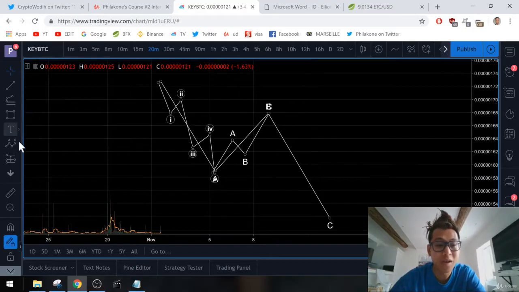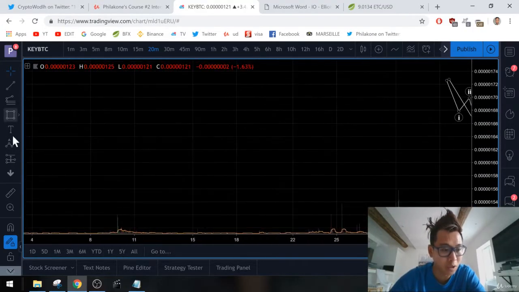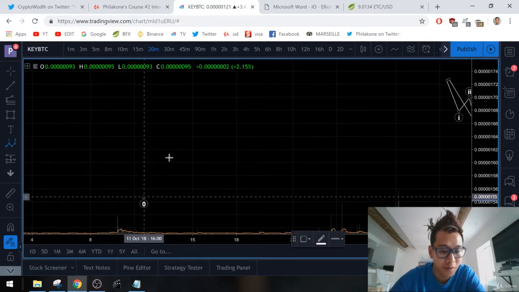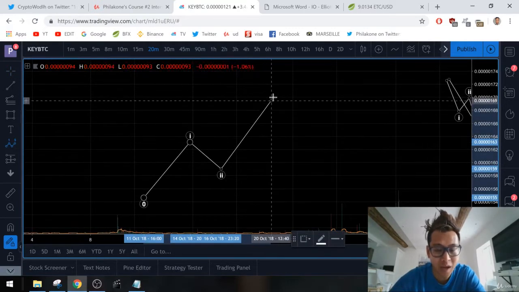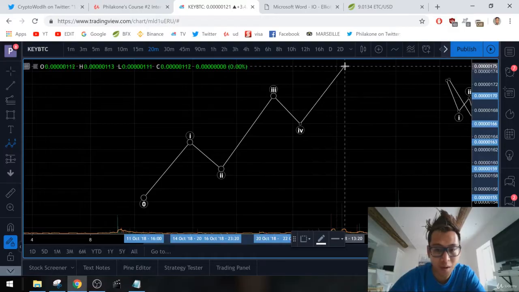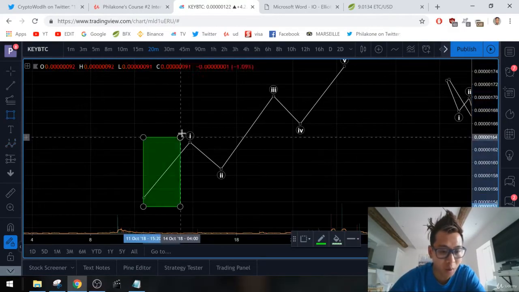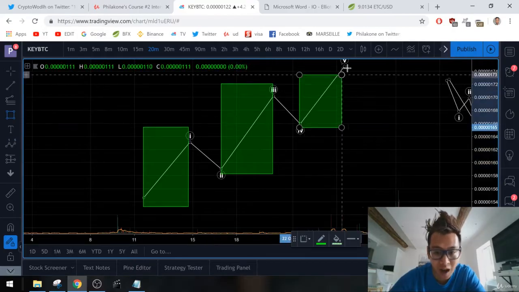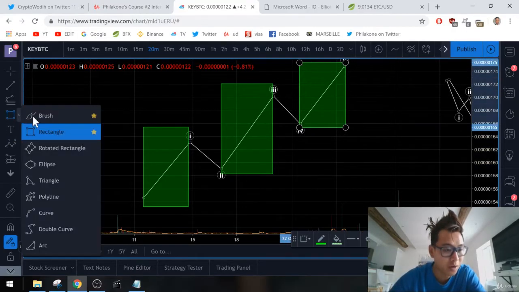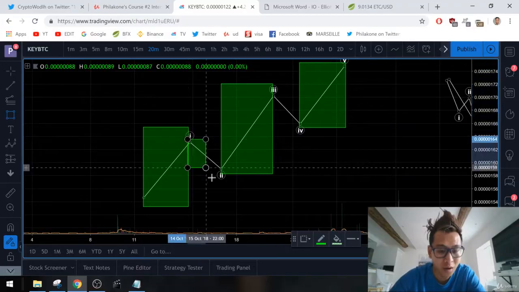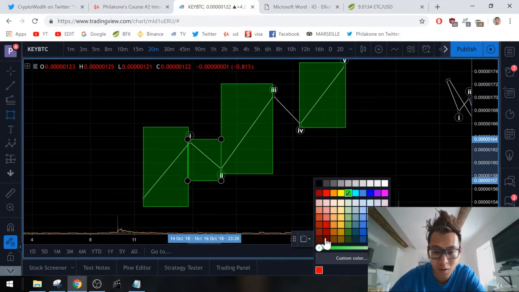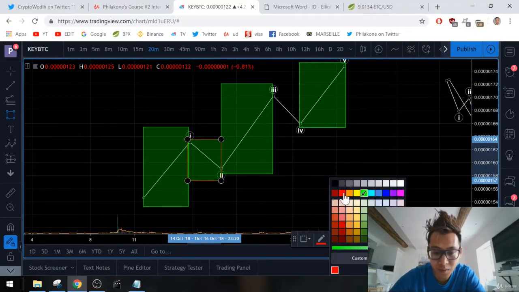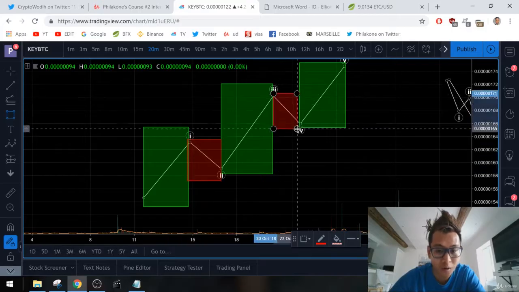So for every impulse move down, okay, I'm just gonna backtrack a little bit to show you guys, okay? These are the impulse waves upwards. The impulse waves up are waves 1, waves 3, and waves 5, okay? And now the corrective waves down is this one, wave 2, okay? And then wave 4.